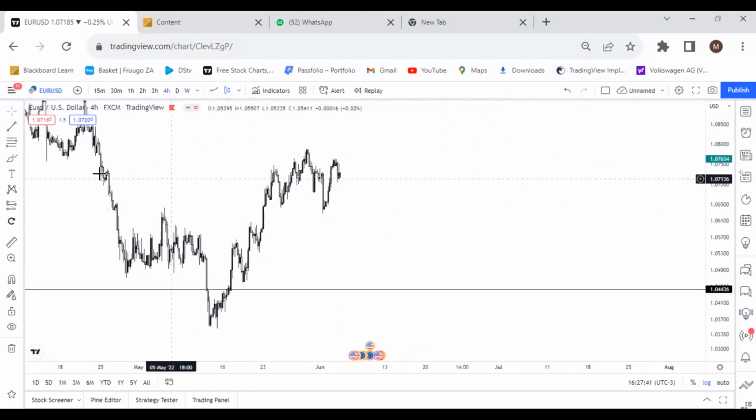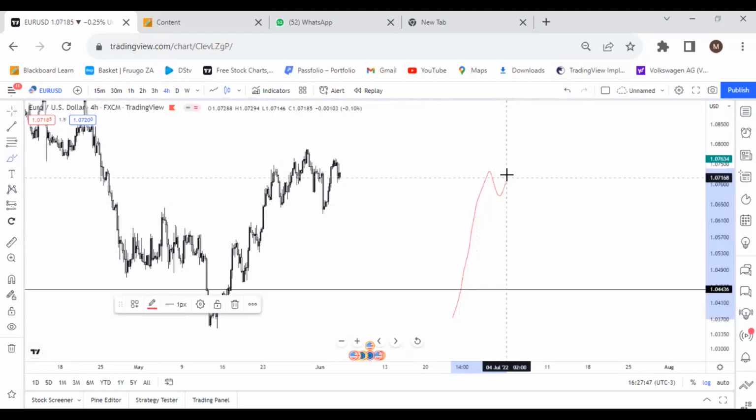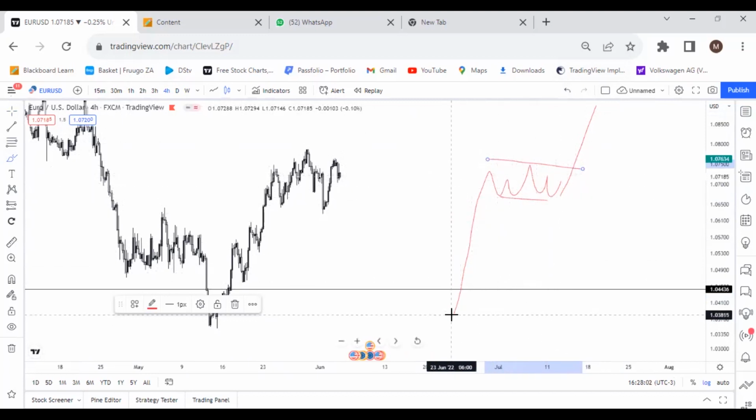So you can see, you can already recognize what's happening. We had an impulse with a correction, which means the price is going to continue, because the basic meaning of a correction, usually when it's followed by an impulse, it means a continuation.